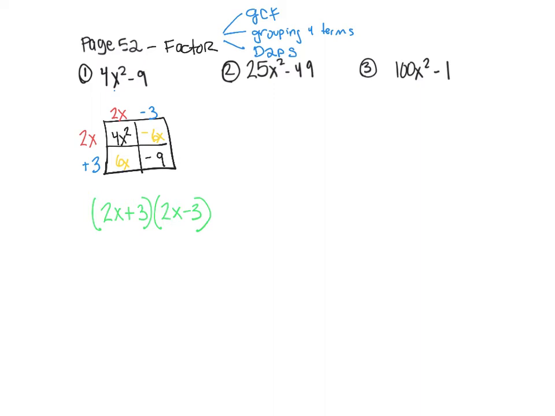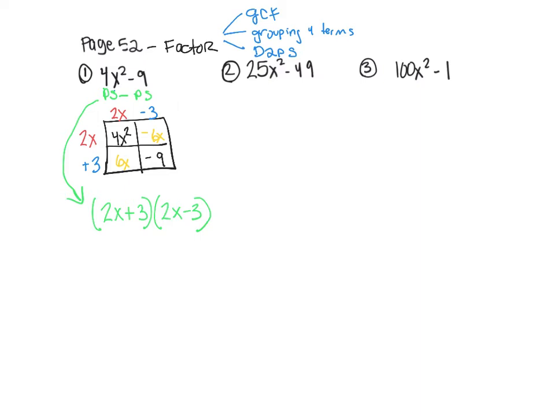So I took this difference of two perfect squares, because we have a perfect square, a minus sign, and a perfect square. And I took that and I broke it down into its two factors, using what I know about the box method and multiplication to be able to get my answers.